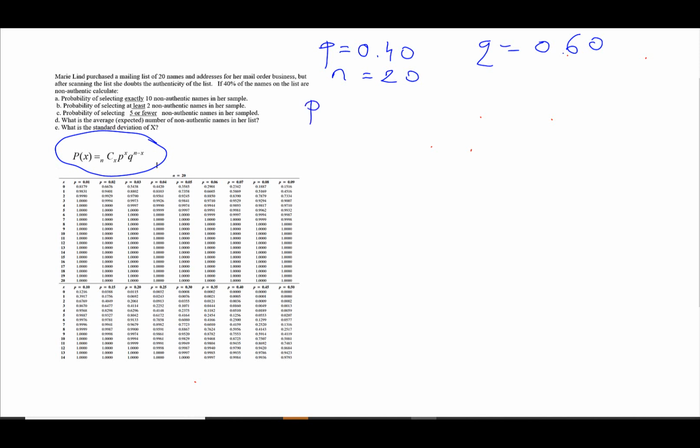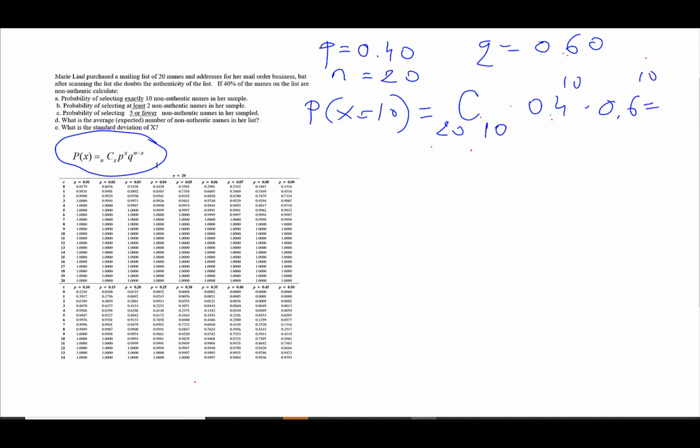So for part A, we need to calculate the probability of having exactly 10 non-authentic names. So we're looking to calculate the probability when x is 10. So the combination of 20 choose 10 at a time, times the probability to be a success, decimal 40 at power 10, times decimal 60 at power 20 minus 10, which is 10.